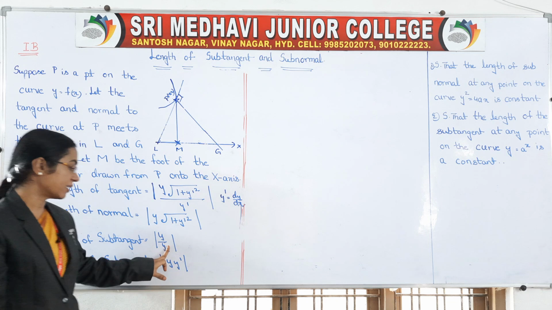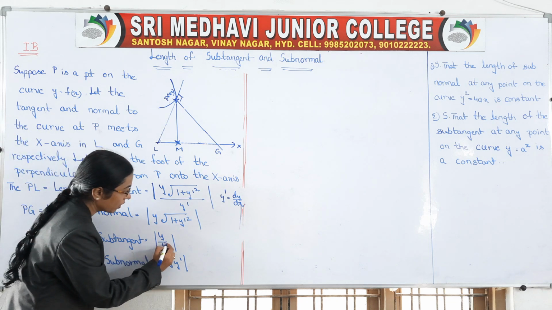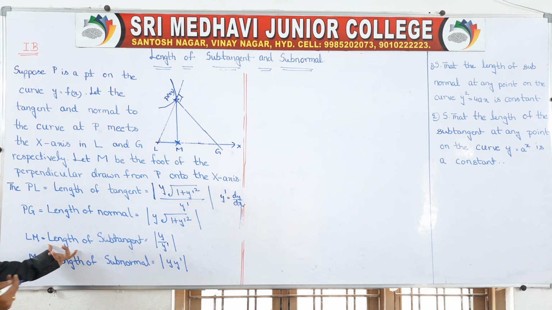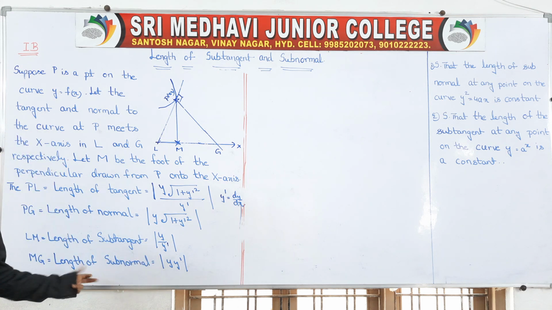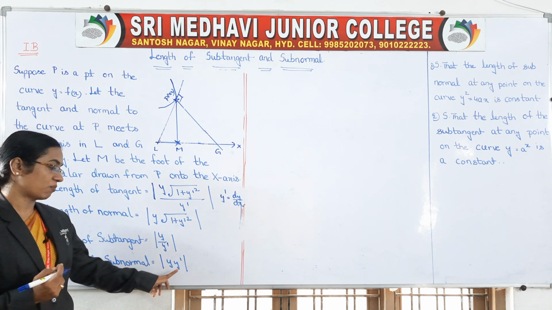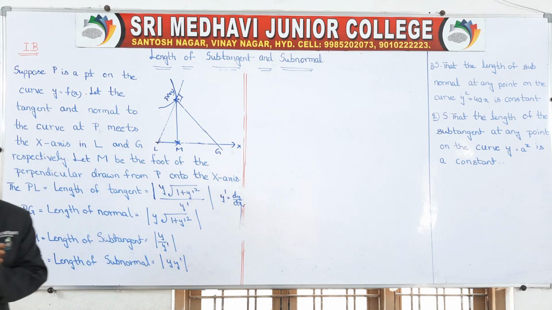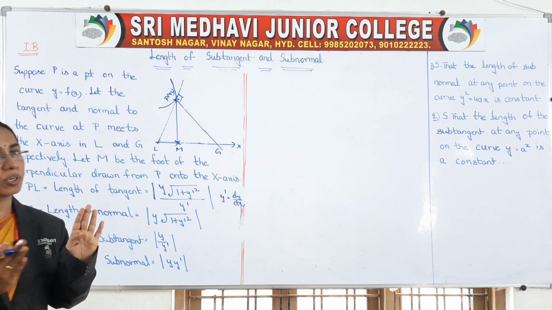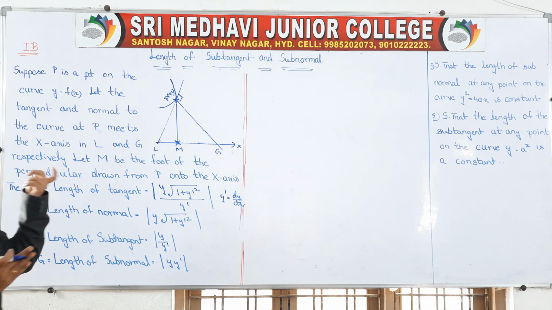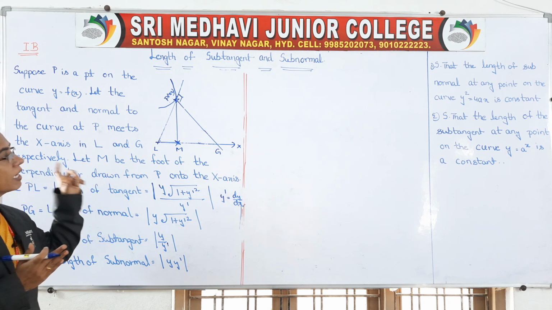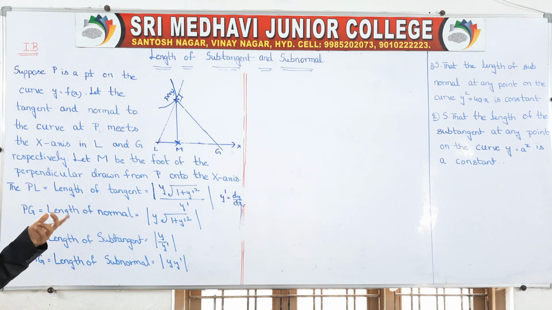The length of subtangent is modulus of y by y dash, and the length of subnormal is modulus of y into y dash. So today four topics, four small definitions: length of tangent, length of normal, length of subtangent and length of subnormal.